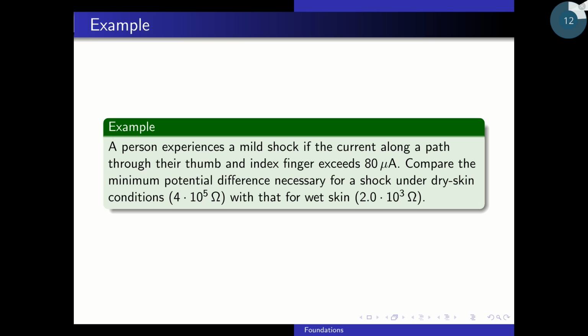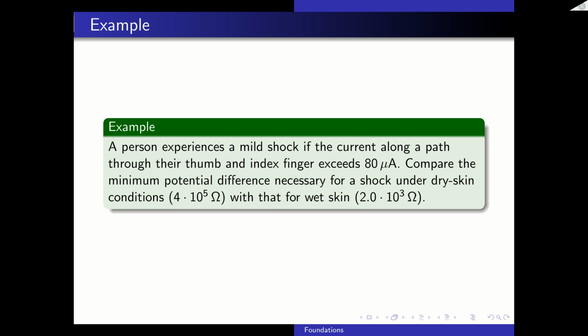All right, so let's do a little calculation with this. A person might experience a mild shock if the current along a path through their thumb and forefinger exceeds about 80 microamps. We'd like to compare the minimum potential difference necessary for such a shock under dry skin conditions. Now, when your skin is dry, the resistance of a path like that from forefinger to thumb, how many of you are looking at your forefinger and thumb right now?